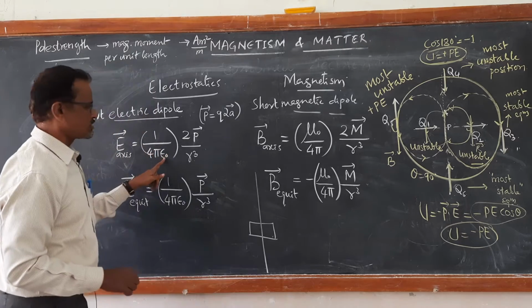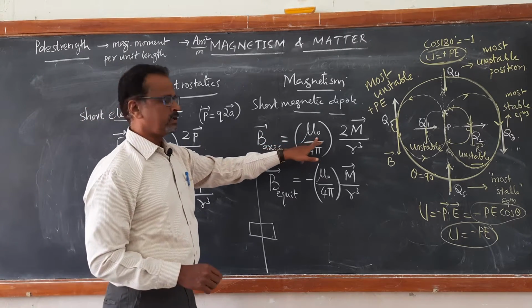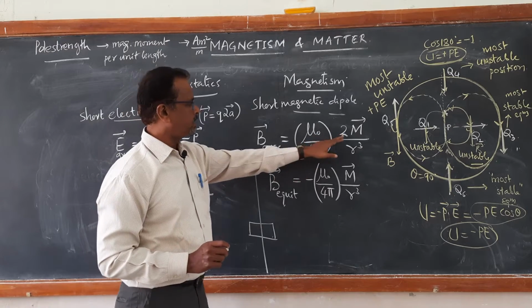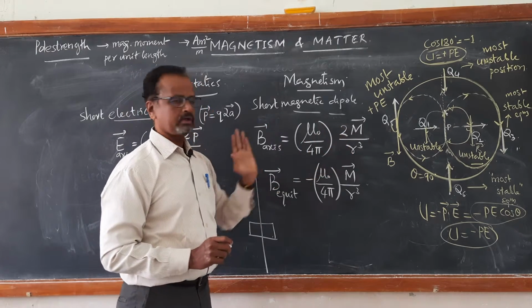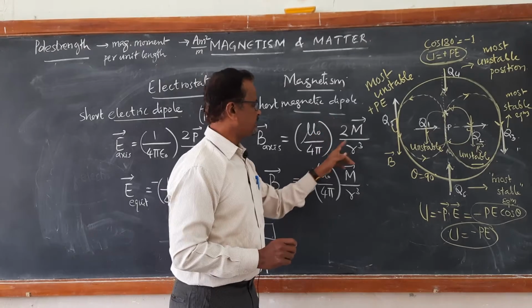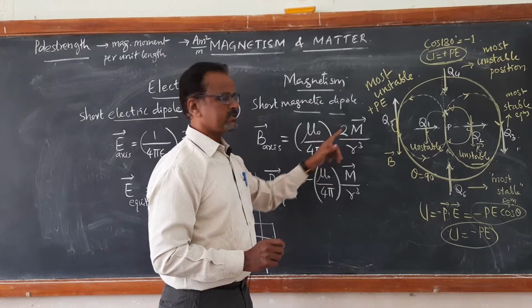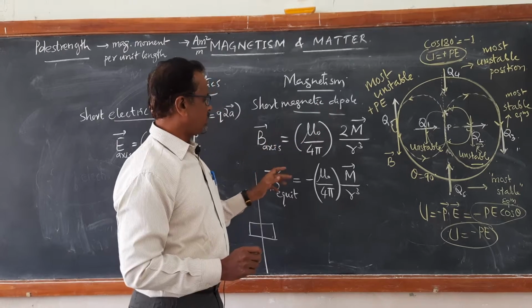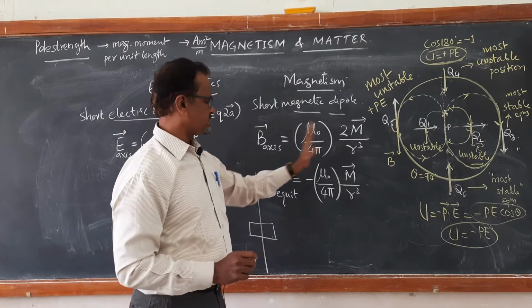Instead of 1 upon epsilon naught, here you get mu naught, the permeability of free space: mu naught upon 4 pi into 2m vector upon r cube, where m vector is the magnetic moment of the dipole, and r is the distance along the axis.